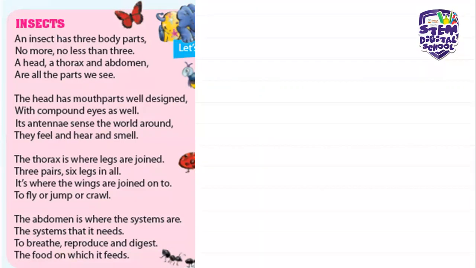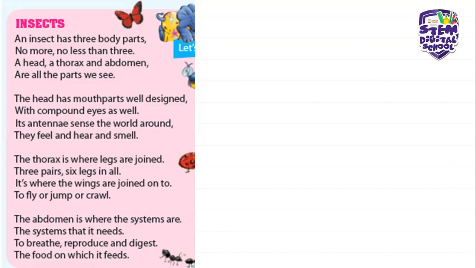Insects. An insect has 3 body parts, no more, no less than 3. A head, a thorax, an abdomen, and all the parts we see. The head has mouth parts and is well designed, with compound eyes as well. Its antennae sense the world around. They feel and hear and smell.